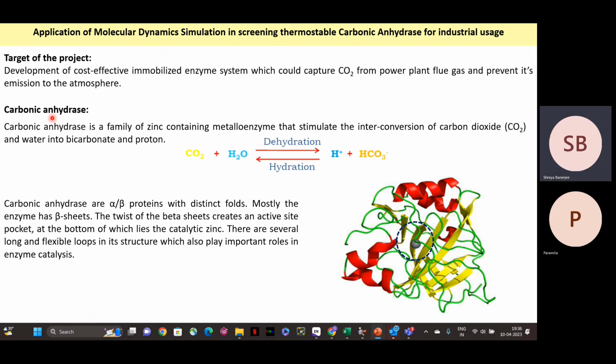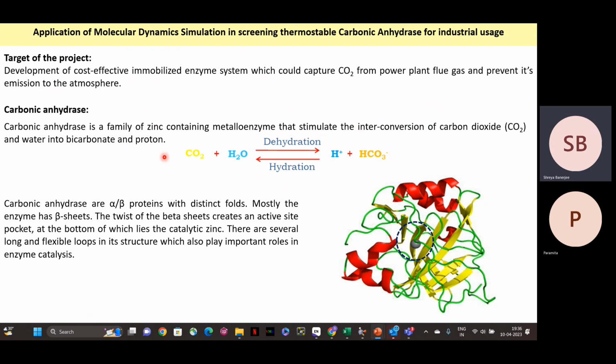So the enzyme that was chosen for this is carbonic anhydrase. Carbonic anhydrase is in a family of zinc-containing metalloenzymes, and it can stimulate the conversion of carbon dioxide and water into bicarbonate and proton. And bicarbonate and proton are water soluble.